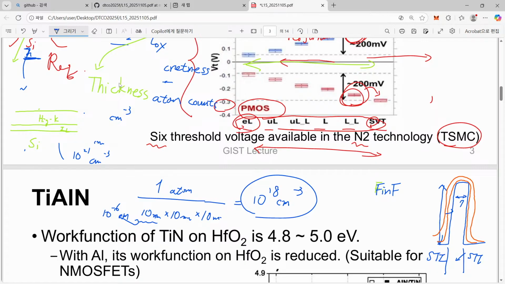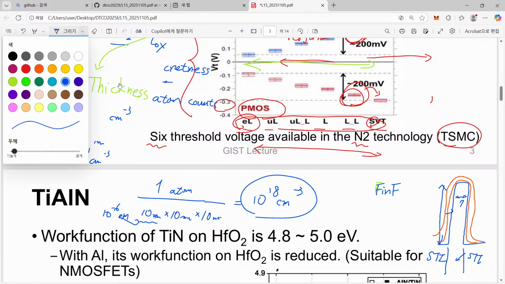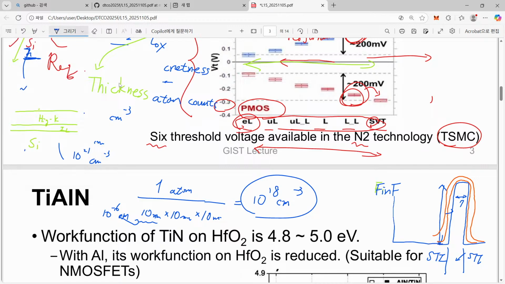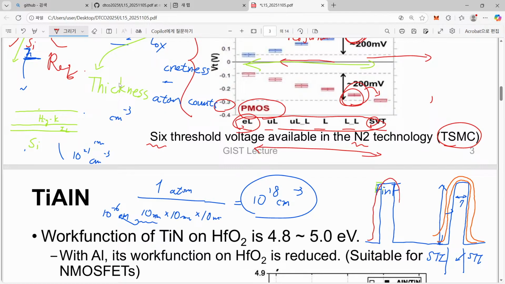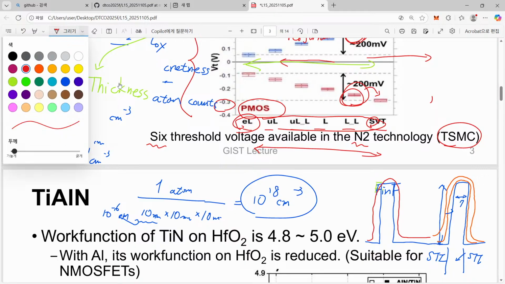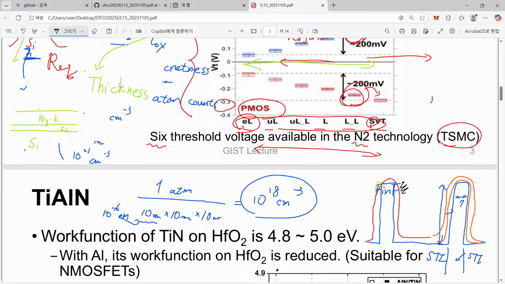If we have to introduce an interfacial layer, sorry about that. So we have a next fin here, and if we have to introduce another high K layer, then what we have to do is related with this one here and there.